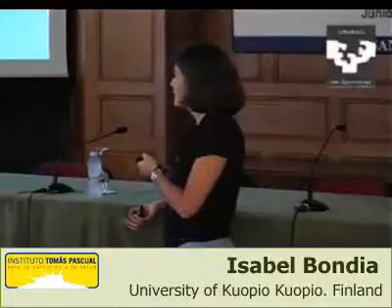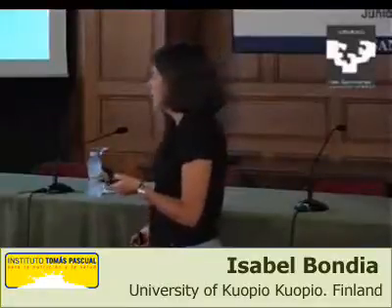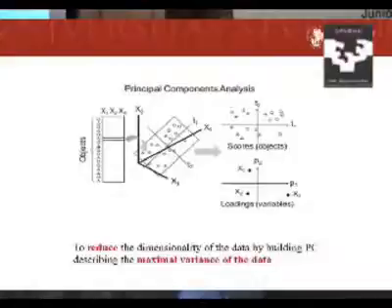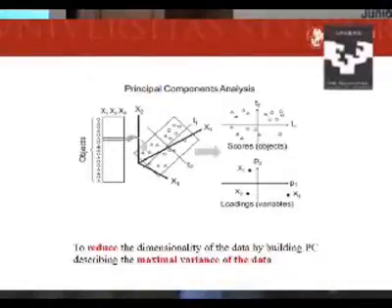Let's just see the most simple one, which is the PCA. The PCA gives you different components that reduce the dimensionality of the large data that you got by building these components that describe the maximal variance of your data.